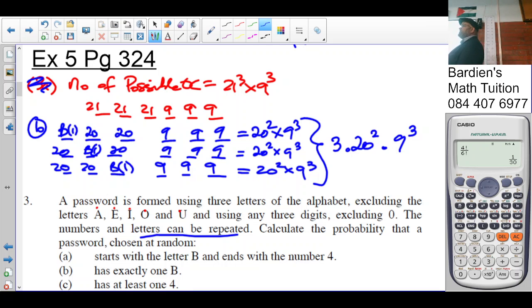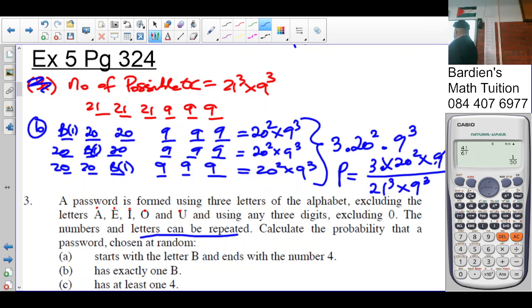So how do I work out the probability? The probability is going to be the number of favorable outcomes, which is 3 times 20 squared times 9 cubed, over the number of possible outcomes, which is 21 cubed times 9 cubed. Of course that cancels, which gives me an answer of 3 times 20 squared over 21 cubed.